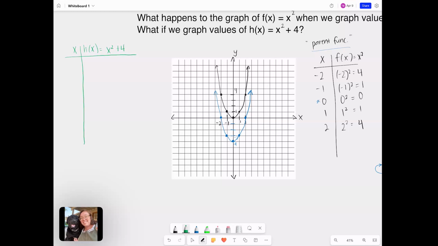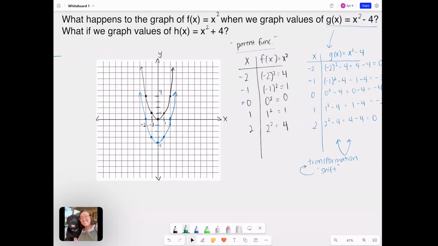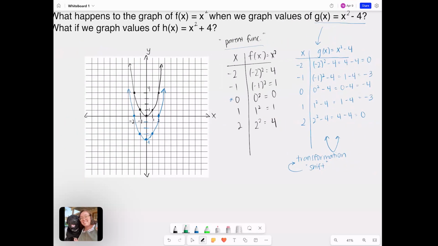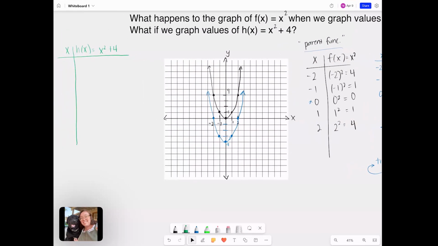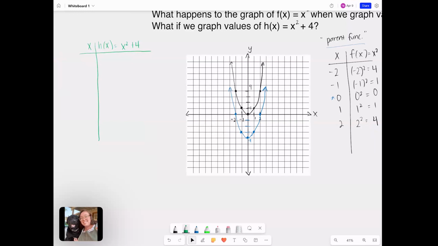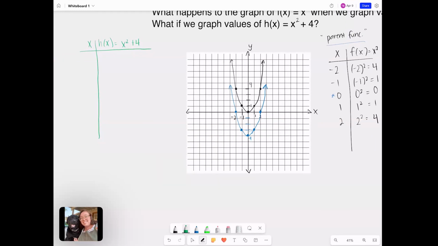So you might actually pause and make a prediction on what could happen here, right? When we subtracted, what happened to all of our function values? And then now we're going to add, and you might be able to predict what's going to happen, but again, in reference to the original, I'm going to stick with the same values and see what happens.